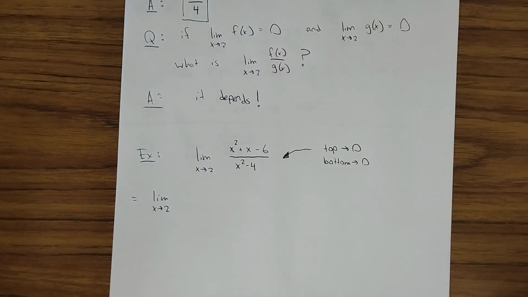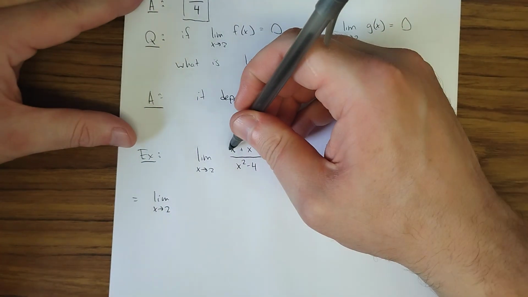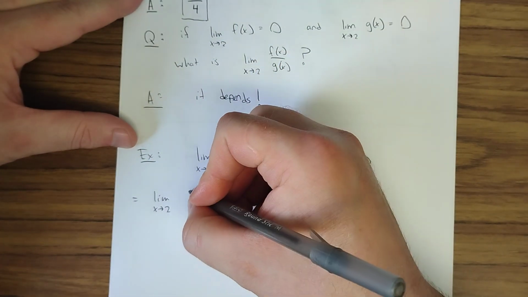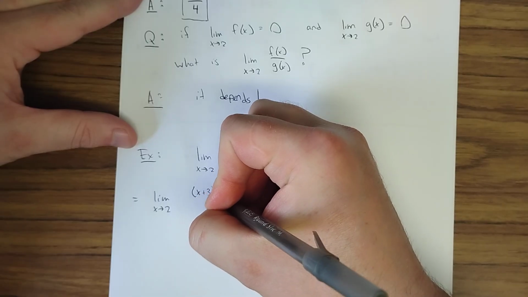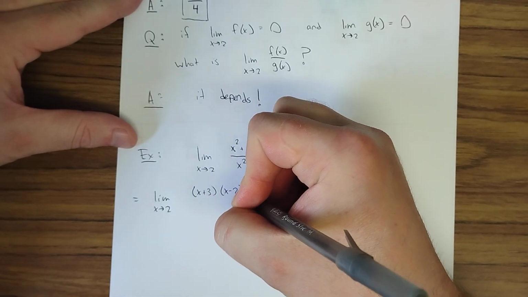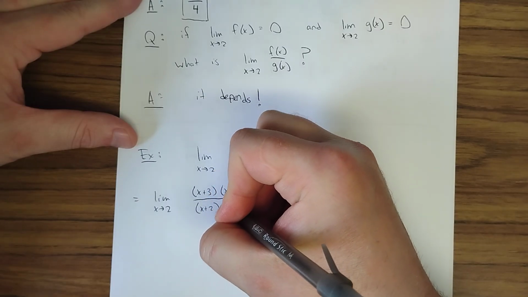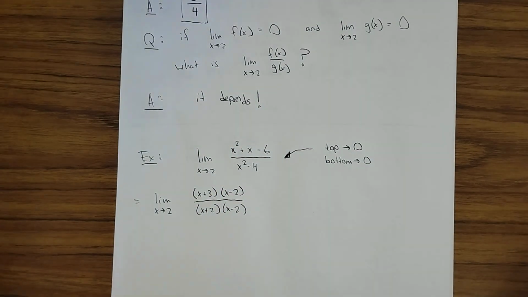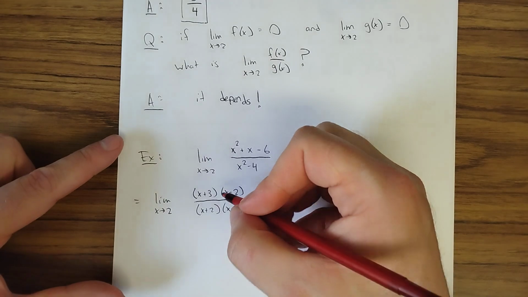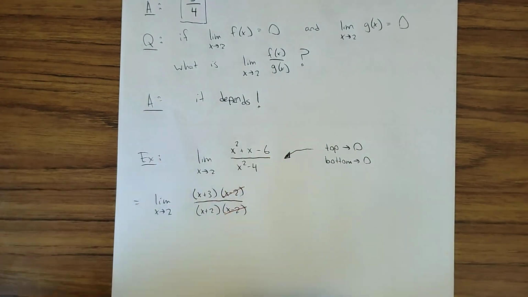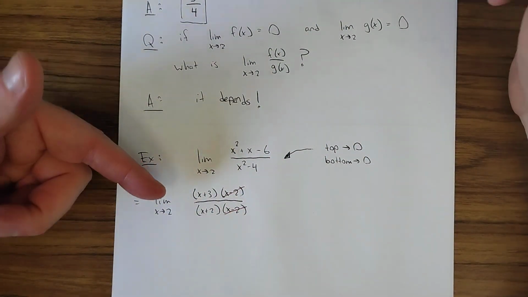Of course, this is like some of the earliest limits you would have done, where we're going to factor the top, factor the bottom, cancel something, and now try again.